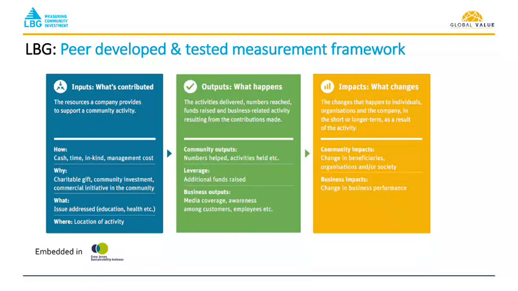Yes, absolutely. While, as you say, LBG explicitly, in terms of the network, focuses on companies' voluntary contributions to community activities, the social impact framework can be applied to direct business operations. In fact, it has been by companies.